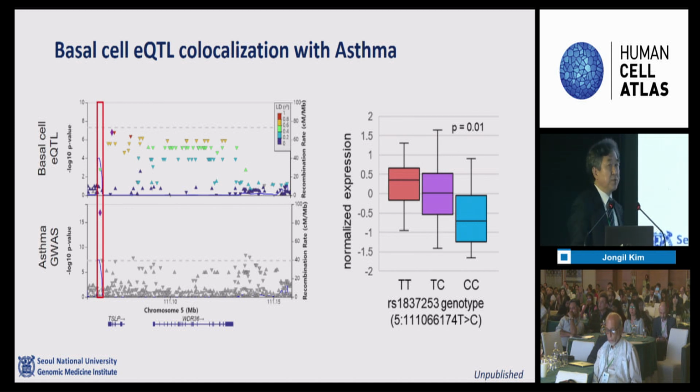Interestingly, this SNP was not ethnicity-specific, but was not reported in lung GTEx, probably because it's significant only in basal cells, which are the major cells in the organoid. But in tissue data, the basal cells make up a very small portion. So that's maybe the reason that this eQTL was not found in the lung GTEx tissue data.